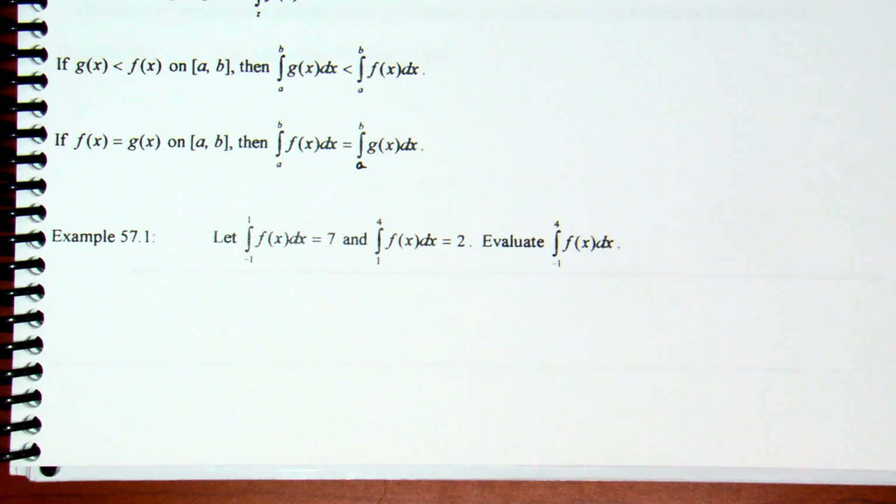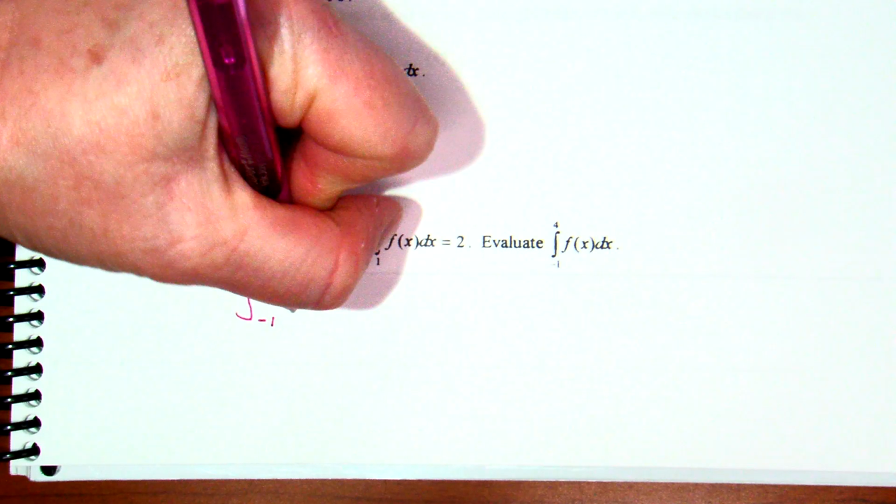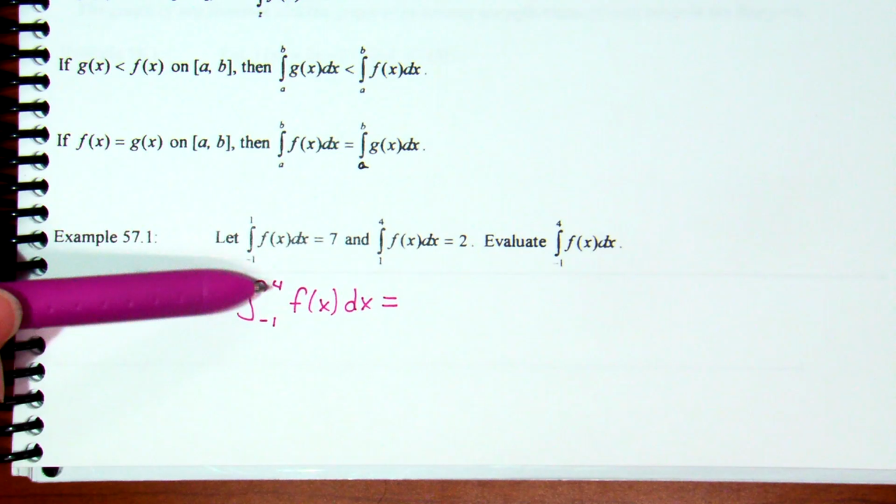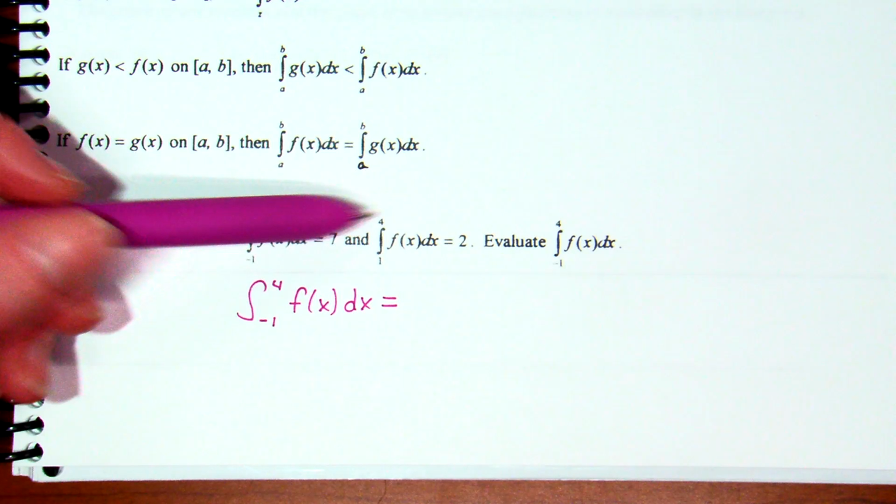You add them together. Do you see it? They're asking me to find the integral from negative 1 to 4 of f of x dx. Notice negative 1 to 4. What do they have it broken up as? Negative 1 to 1 and 1 to 4.